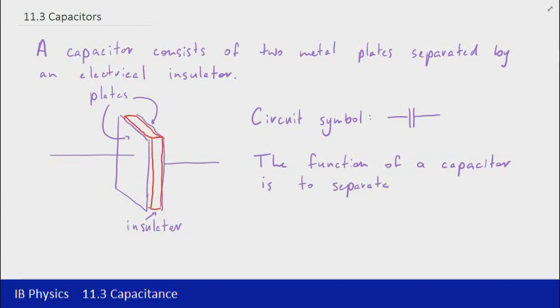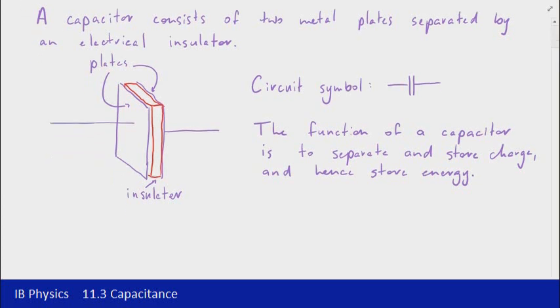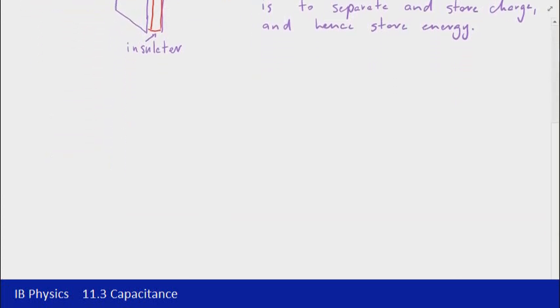And in the same way that a cell starts off with charge being separated, that means we're also going to store energy. When you've got charges separated, work has been done to separate the charges, and so a capacitor will actually store energy in the process of storing charge.